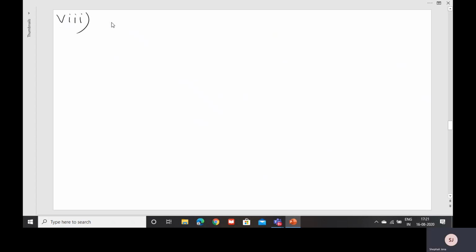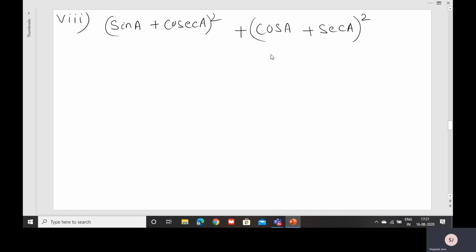The eighth question is, we have to prove (sin A plus cosec A) whole square plus (cos A plus sec A) whole square is equal to 7 plus cot square A plus tan square A.